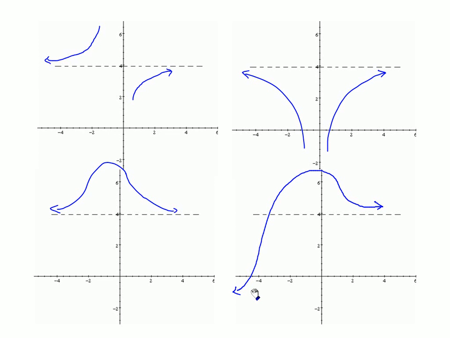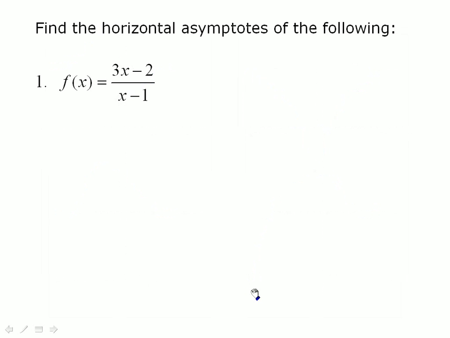Now, the real issue is how do we identify these? This was hinted at earlier in the illustration. If you needed to find the horizontal asymptote of this particular graph, you could just graph it to the best of your ability, but really the method is to take the limit of the function f of x as x increases or decreases without bound.